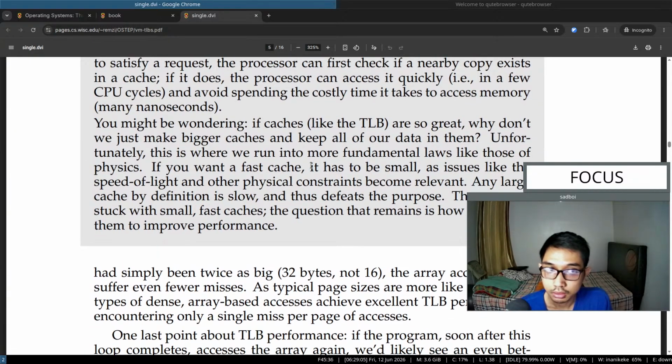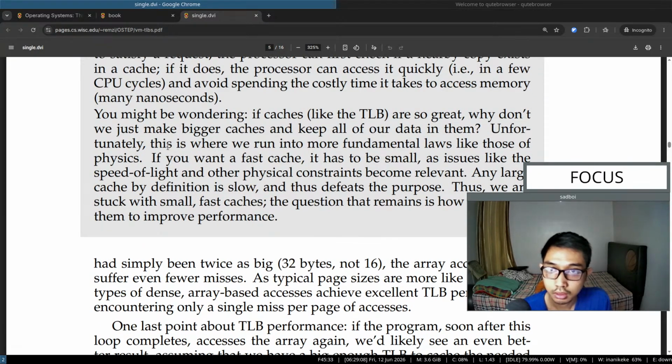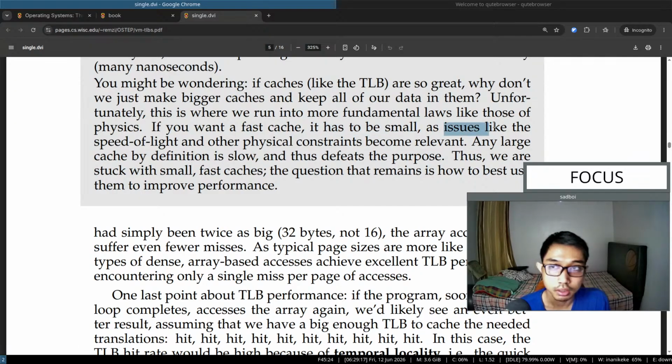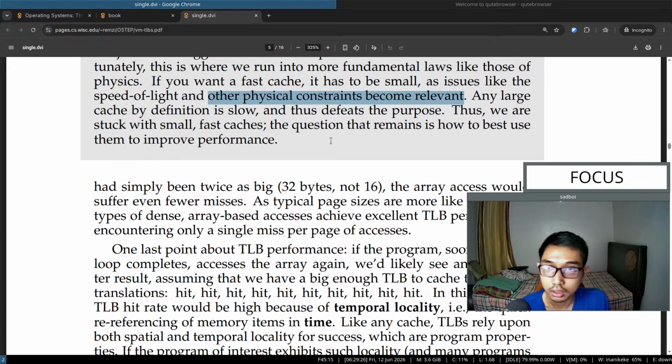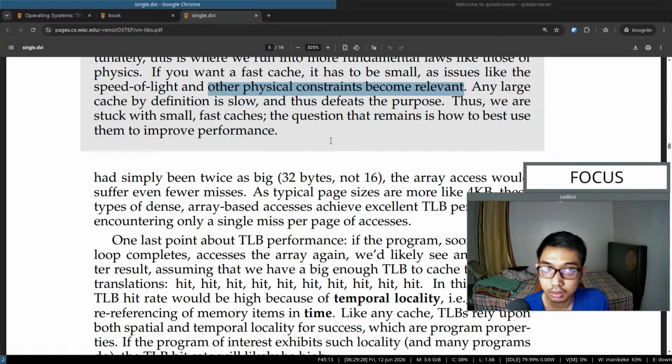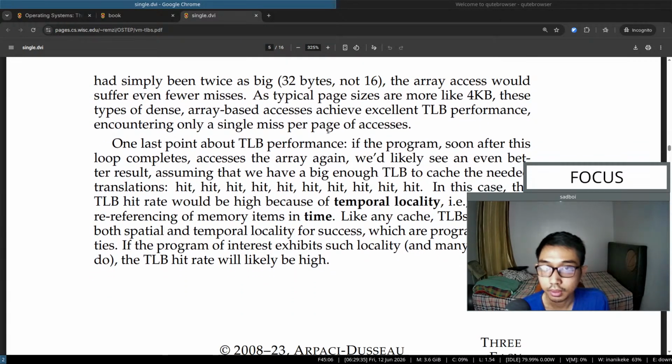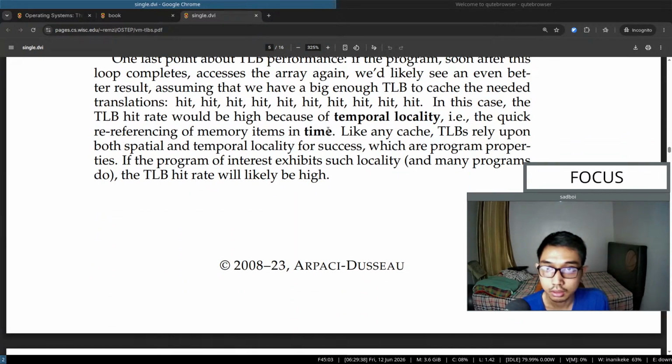Okay. Yeah, if you want a fast cache, it has to be small, as issues like the speed of light and other physical constraints become relevant. How to best use them to improve performance, right?